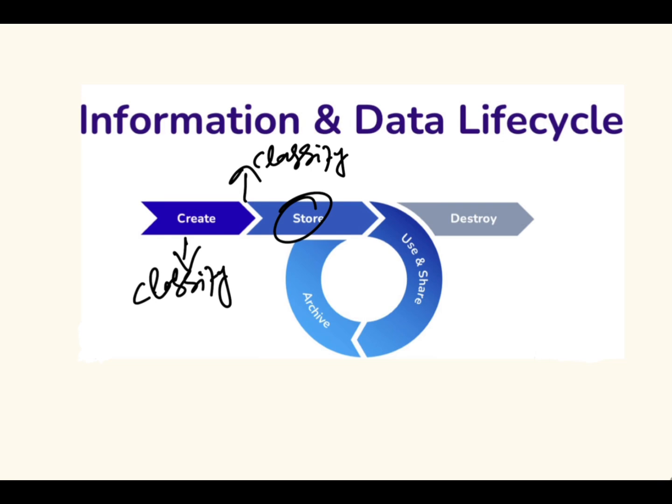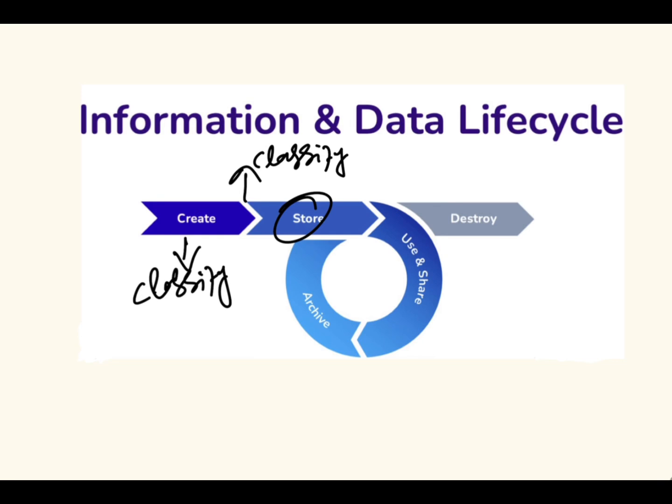Use and share. Once storage is done, the data can be used. When you store data, the purpose is ultimately that the data can be used. Authorized users access or share data for business operations, so you may use it for business purposes.